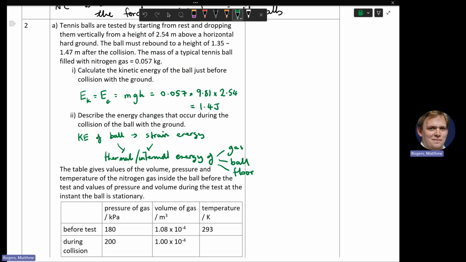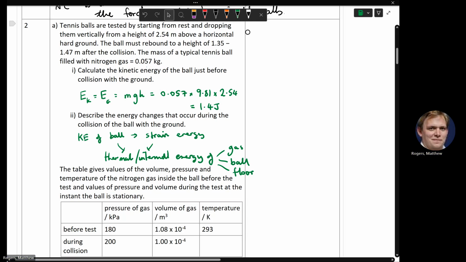But the stuff that doesn't go there, some of the strain energy, goes back into the kinetic energy of the ball as it rises again. So it's quite a complicated situation on what seems to be fairly simple.